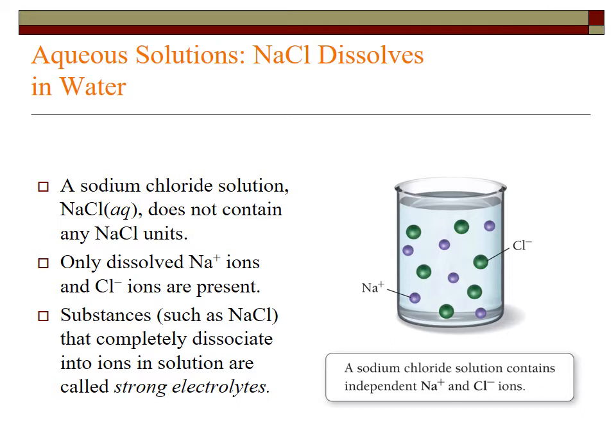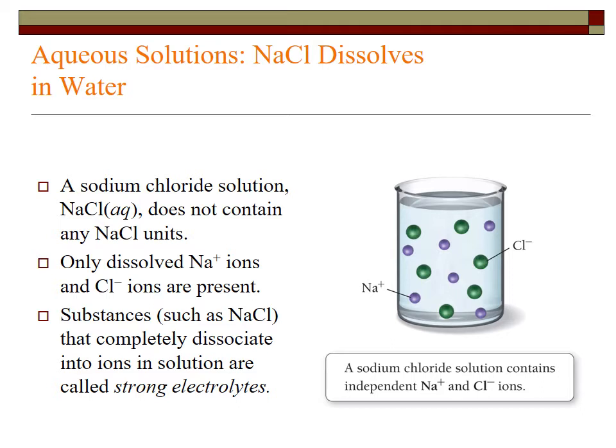What do we know about table salt? If I place it into water, it will dissolve. A sodium chloride solution, NaCl (aq), notice how we denote that as aq, does not contain any NaCl units. Only dissolved sodium cations and chloride anions are present.